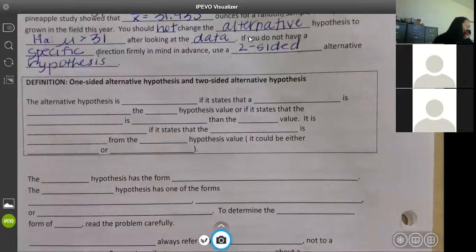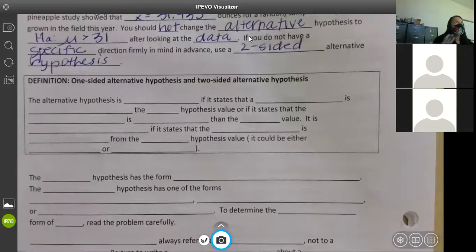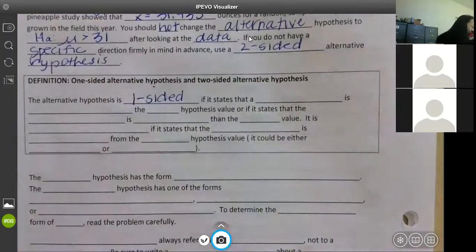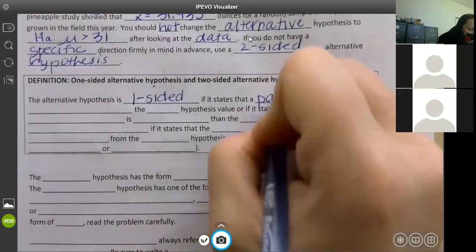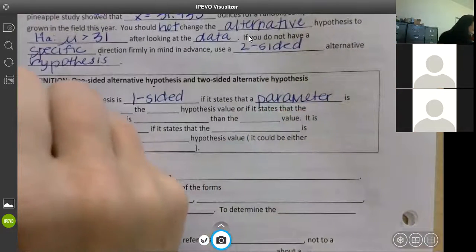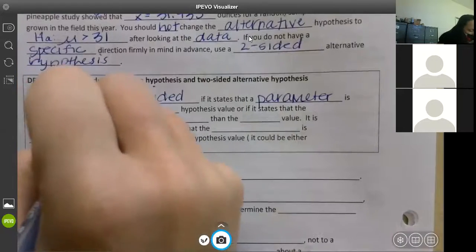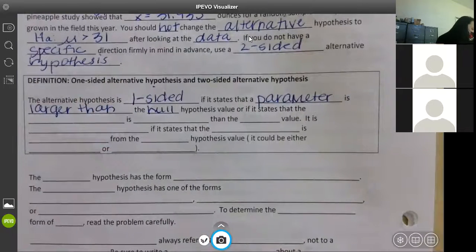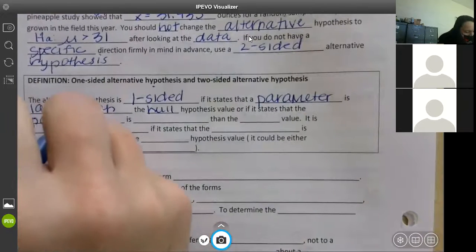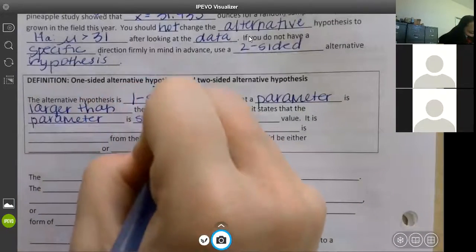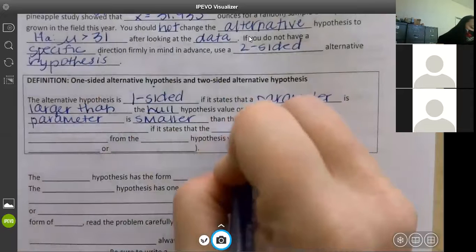All right. So the definition of a one-sided and a two-sided, and I already showed you what that was, but this is going to go into a more formal definition. A one-sided, if it states that a parameter is larger than the null hypothesis value, or if it states that the parameter is smaller than the null value.